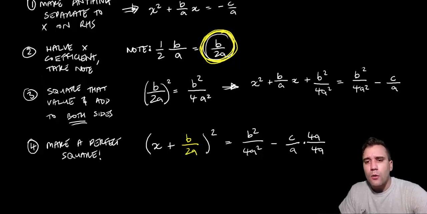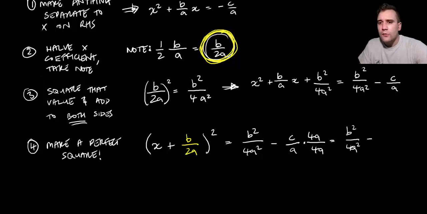So if we do that, what we get is b squared on 4a squared minus 4ac divided by 4, and 4a times a is just 4a squared.